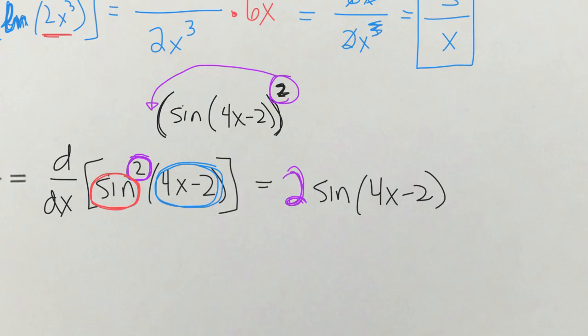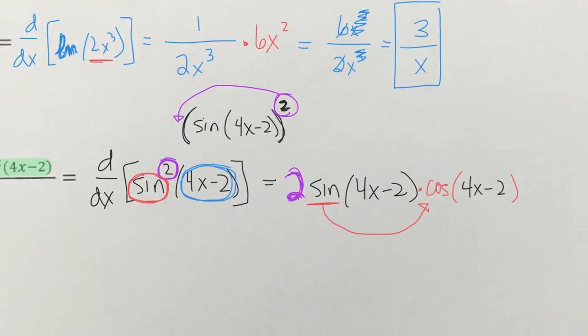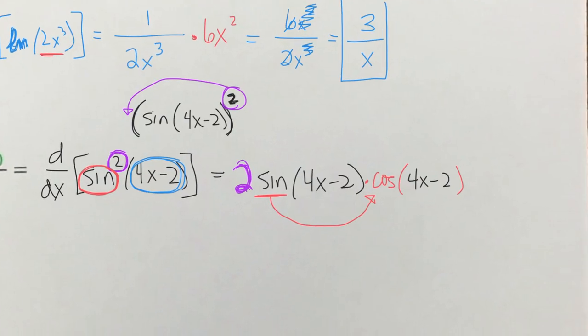We have taken the derivative of our squared function. Now we take the derivative of sine, which is cosine. The derivative of sine is cosine of 4x minus 2, right? And it's multiplication. So there's not a plus or a minus, it's all multiplication. And our last chain is the derivative of 4x minus 2.